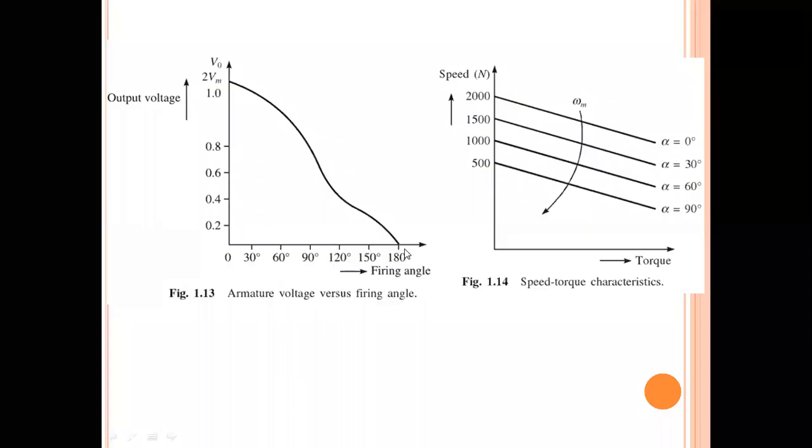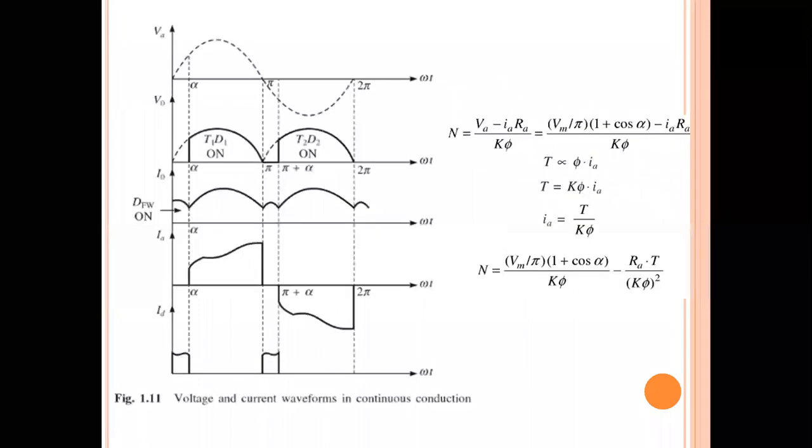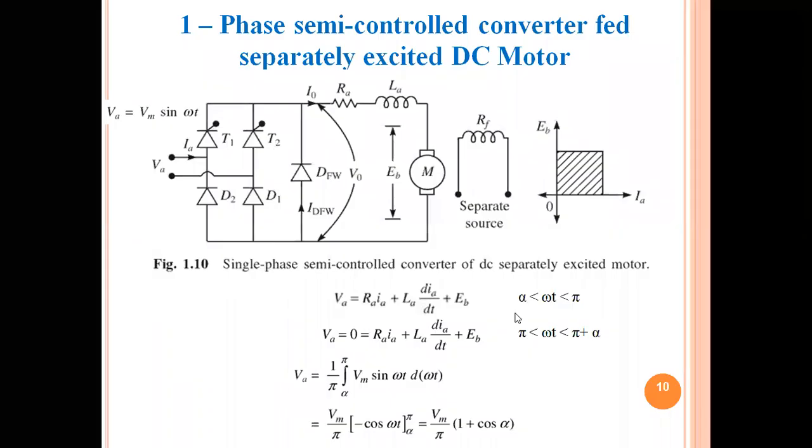When alpha is at 180 degrees, we know the output is 0. Now substitute cos 180 here. Cos 180 is minus 1. So 1 minus 1, this term becomes 0, and 0 into anything will be 0. So the output voltage will be 0.